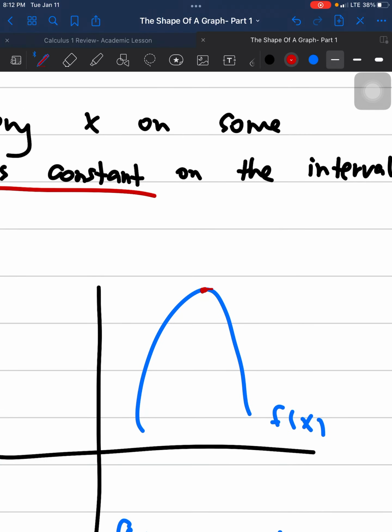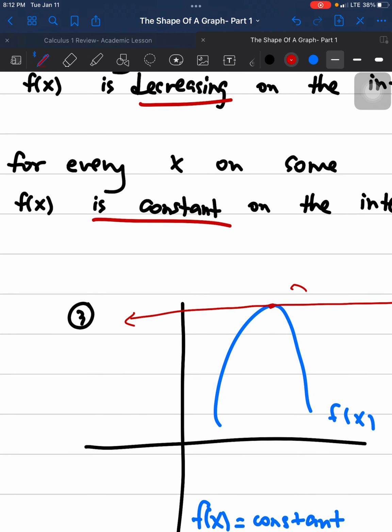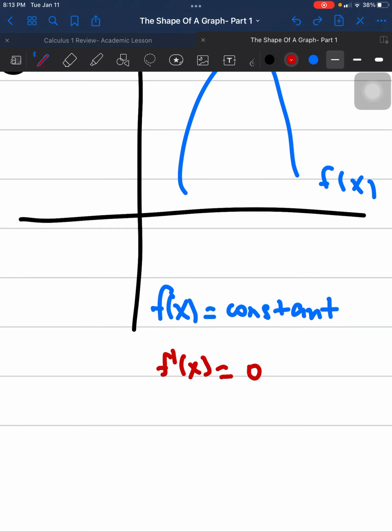We want to make sure f prime of x is equal to 0. That means that the tangent line is basically a horizontal line, and a horizontal line has a slope of 0. This usually refers to the critical points.